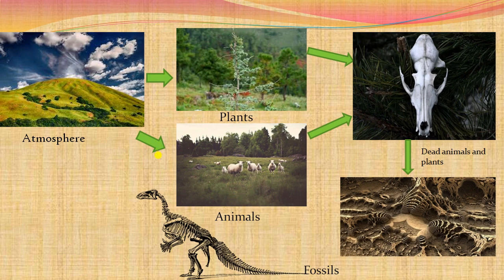Animals also take up the carbon, because animals directly or indirectly depend on plants for their survival. Like this, radioactive carbon enters into both plants and animals.